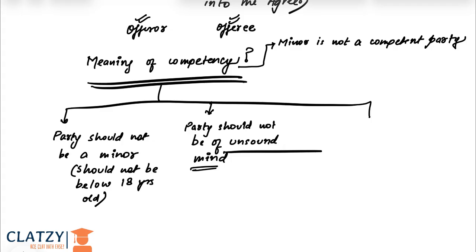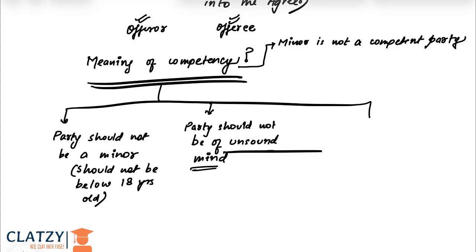If somebody has consumed alcohol to an excessive extent, then the mind of that person becomes unsound, or it may become unsound if that person is not able to understand what is happening around him or with him. Another example of unsound mind could be somebody, let's say, who is mentally ill to such an extent. Don't get confused between legal insanity and insanity in medical terms.